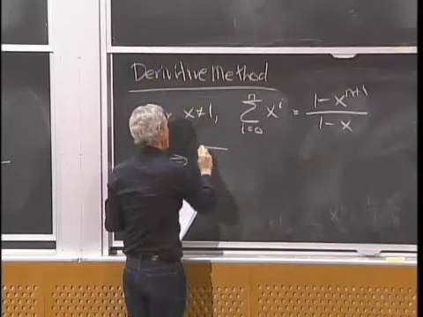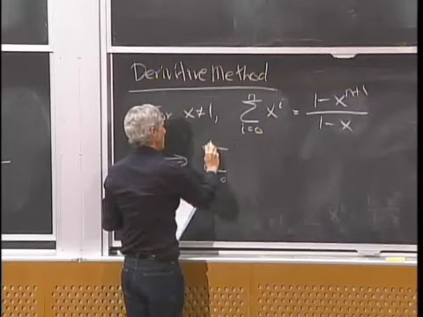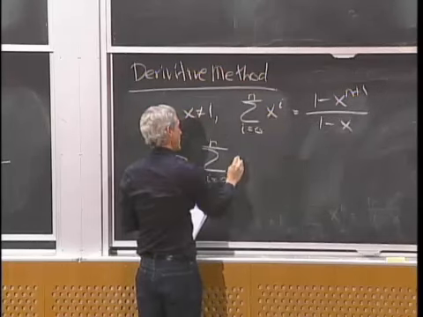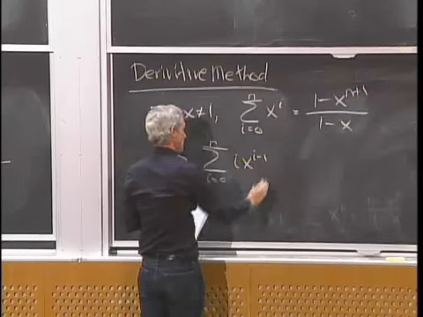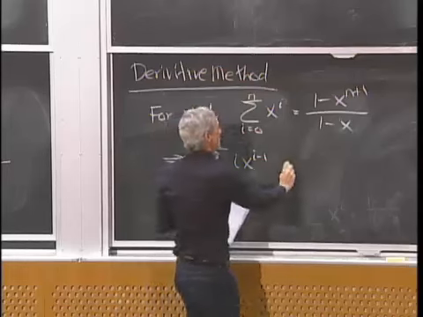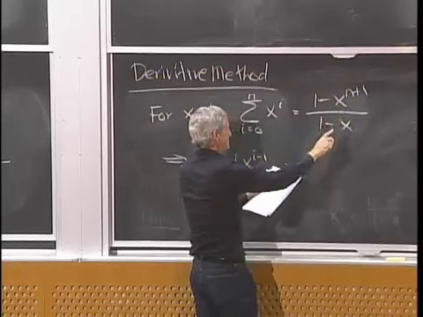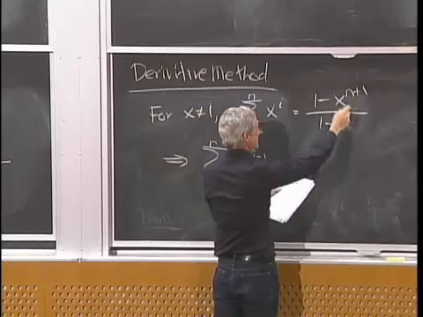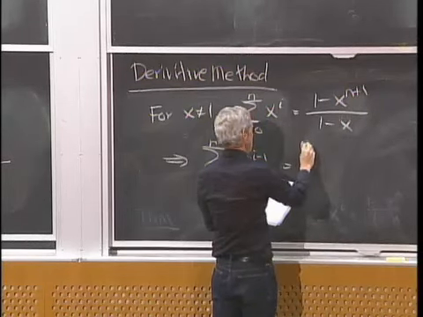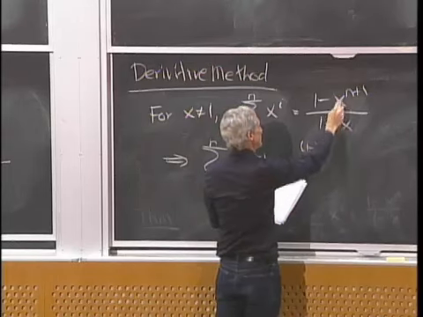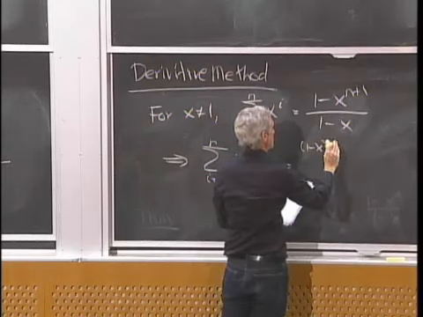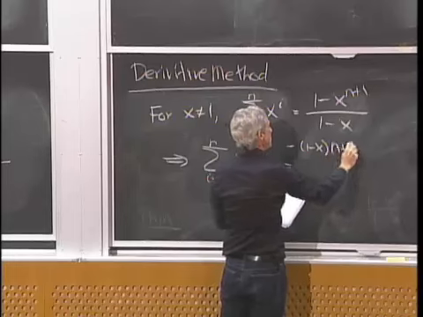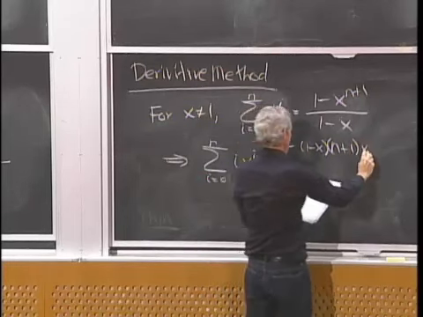Well, here I get the sum. The derivative of x to the i is just i times x to the i minus 1. The derivative over here is a little messier. I take 1 minus x times the derivative of that. Derivative of this is now minus n plus 1 x to the n.